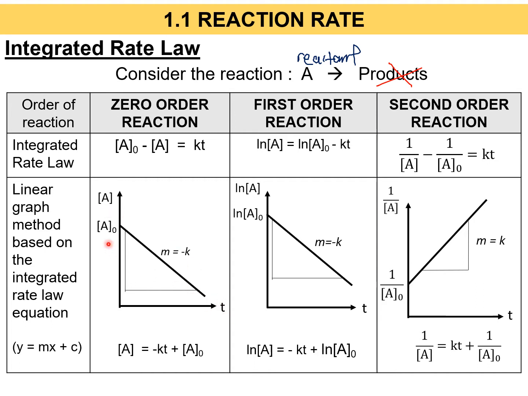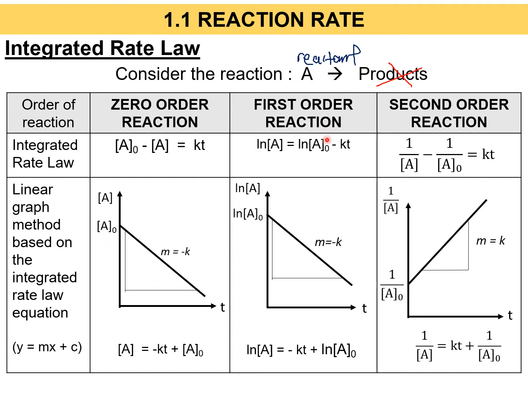Okay, and therefore when you rearrange this equation according to y equals mx plus c, you will get that your gradient is equal to negative rate constant. Okay, and your y-intercept is going to be concentration of reactant A initial.